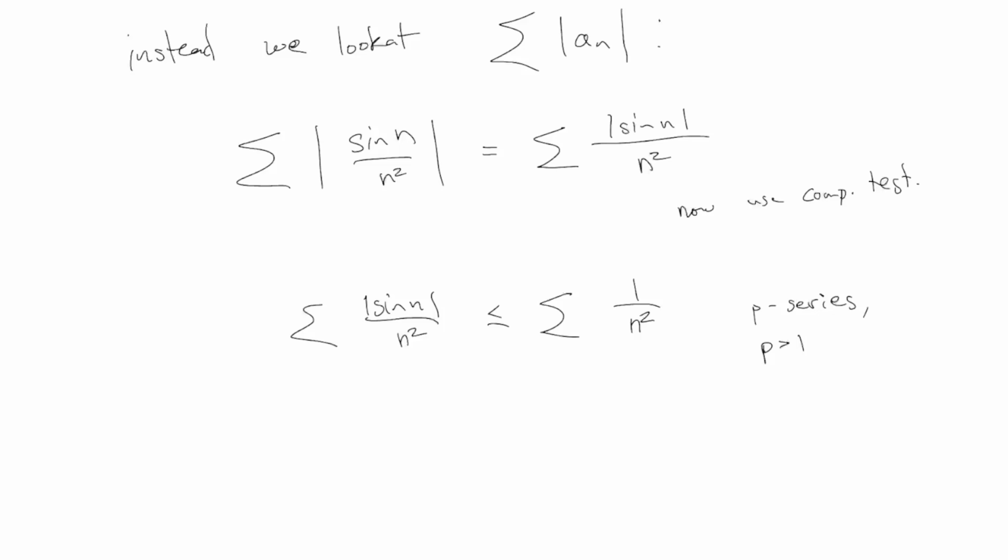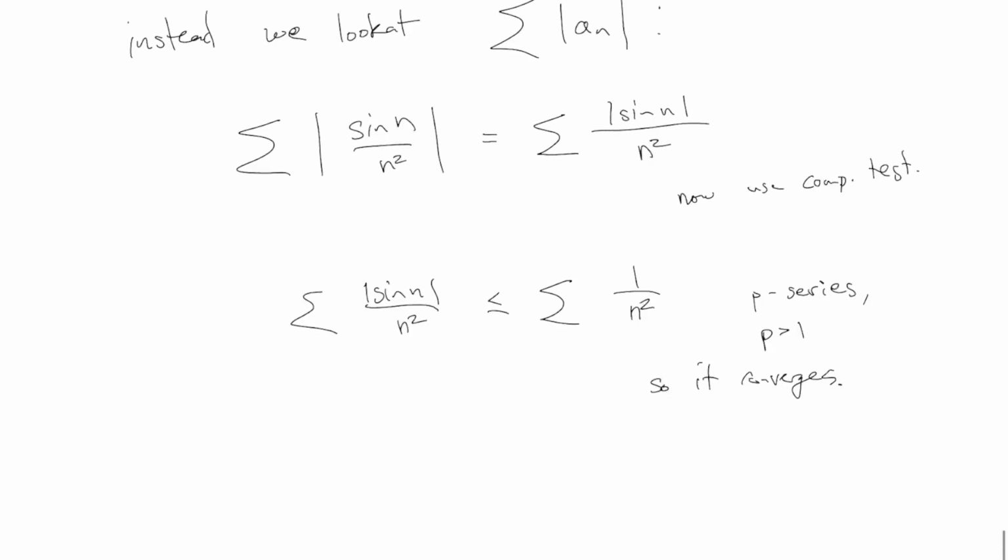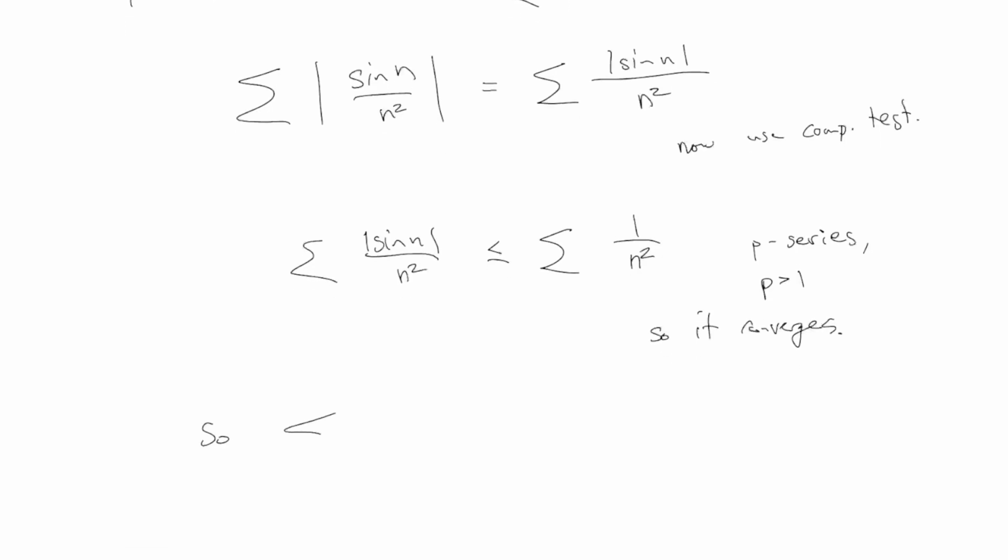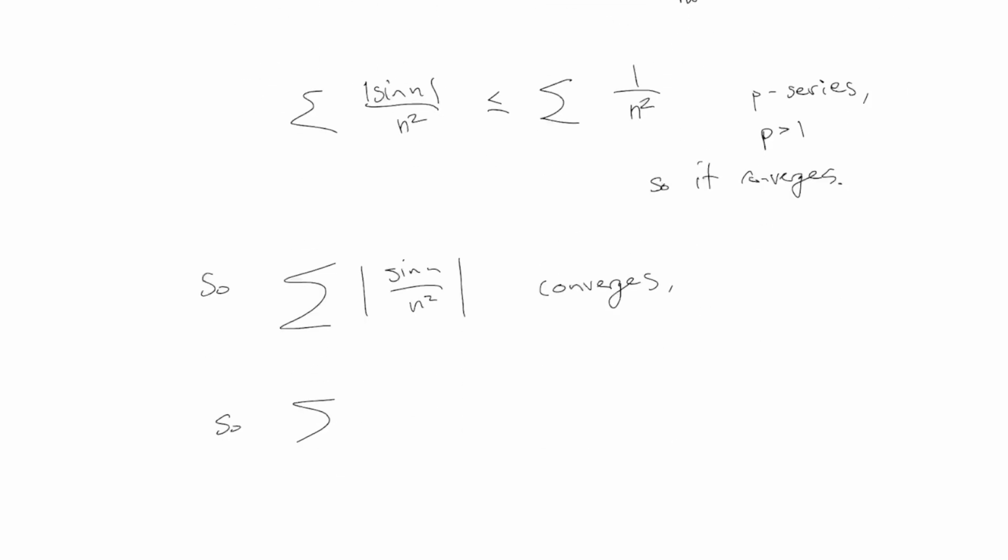This is a p series, p greater than 1, so it converges. All right, and so that means the series that I was talking about before, the one with the absolute values, converges, and so by the theorem, the thing without the absolute values converges.